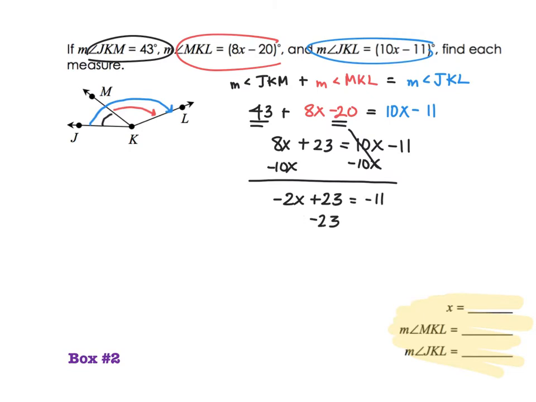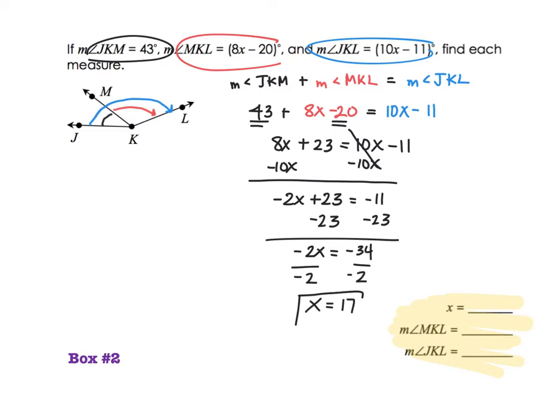Subtract 23 on both sides, and I have negative 2x is equal to negative 34. Divide both sides by negative 2, and I get x is equal to positive 17, because a negative divided by a negative becomes positive. So my x value equals 17.